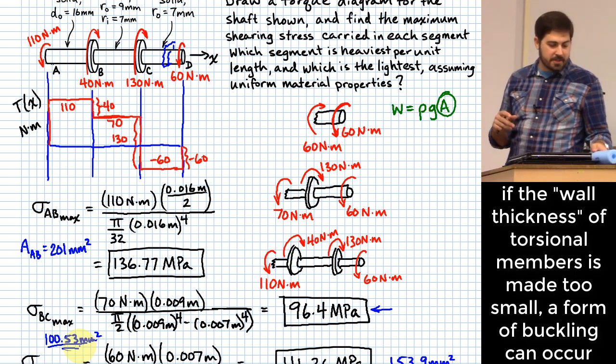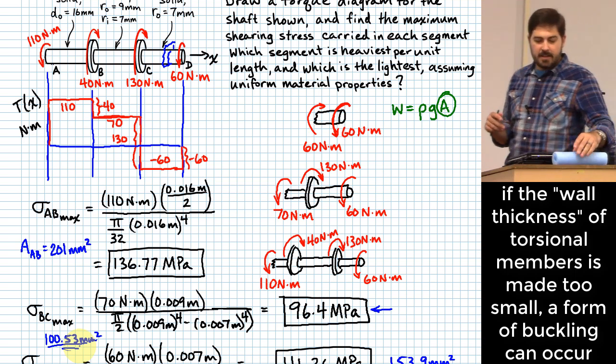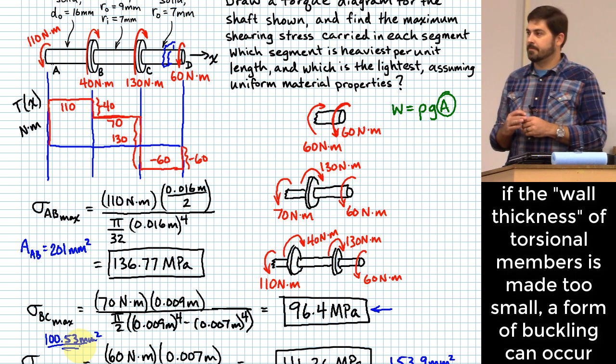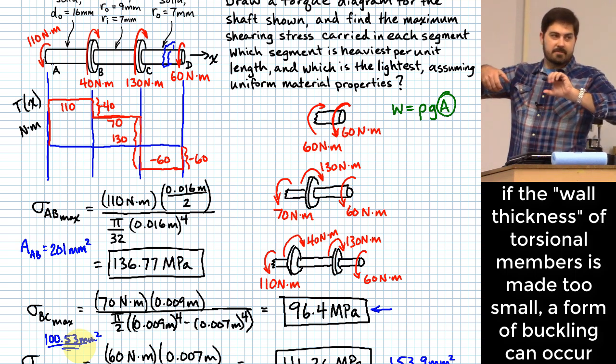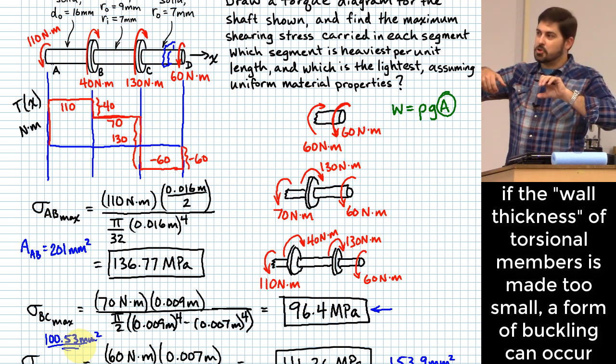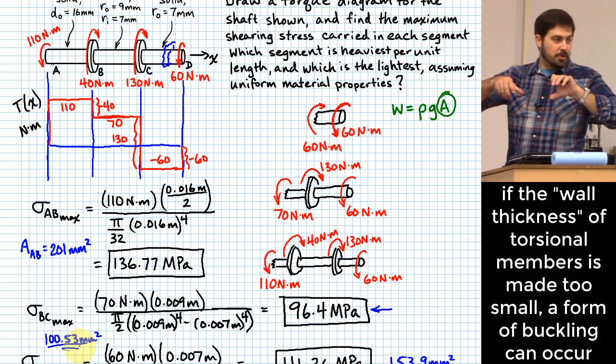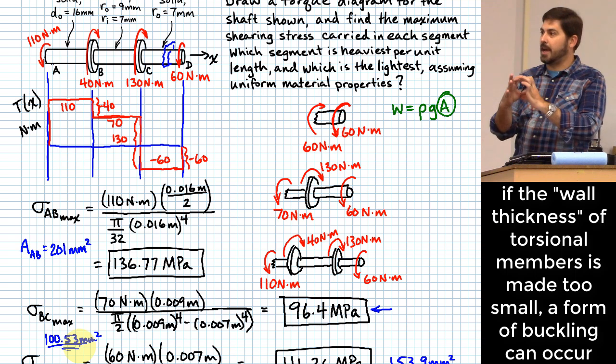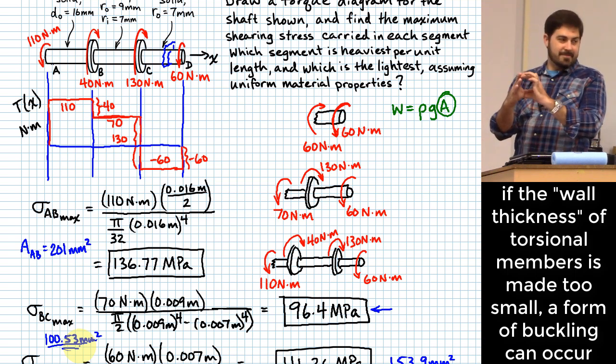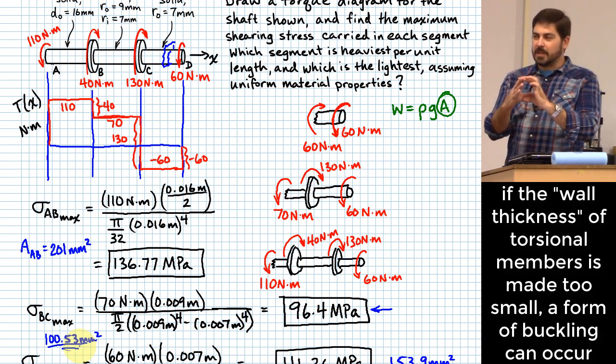Okay. If you want to do a little experiment, I should have brought one today and I didn't. Take an aluminum can and try twisting it. Because an aluminum can, in theory, should be able to carry quite a bit of torsional load because it is a large diameter, right? But it's really, really thin.